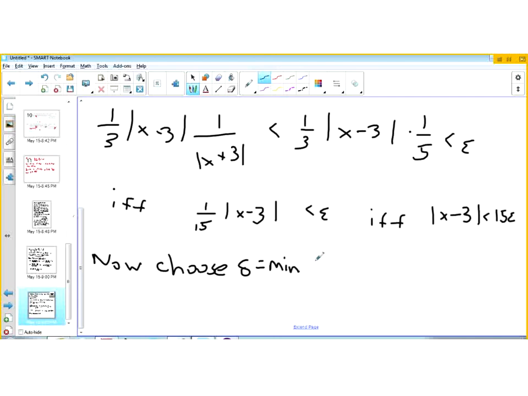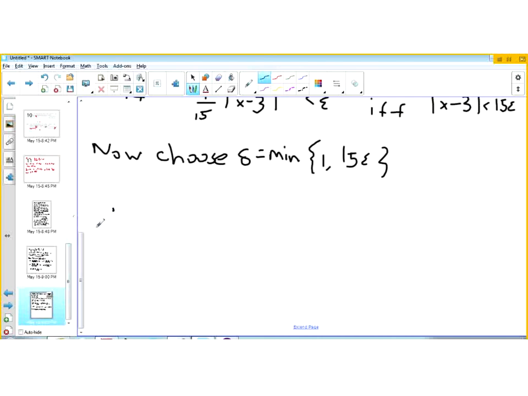So now choose delta to be the minimum of 1 and 15 epsilon. And that pretty much completes the proof.